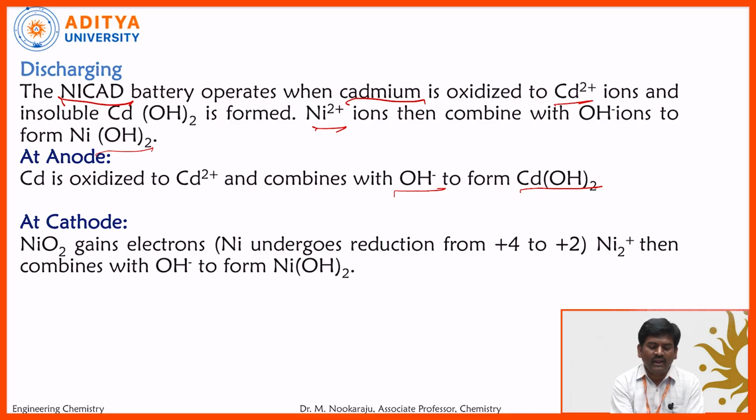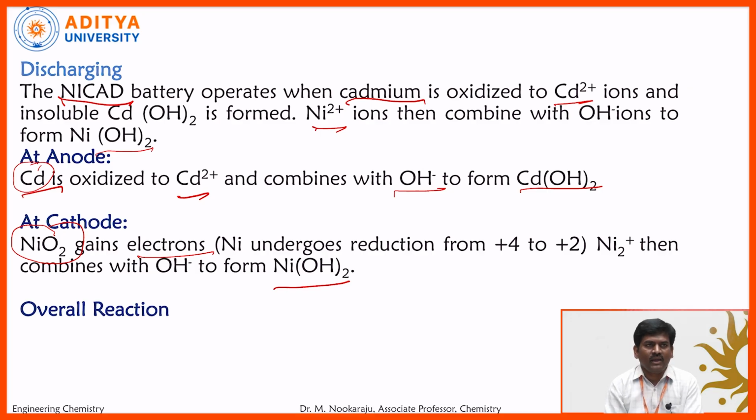At the anode, cadmium is oxidized to cadmium 2+, and at the cathode, nickel oxide gains electrons to give nickel hydroxide. Like this, we have a simultaneous reaction, a redox reaction.